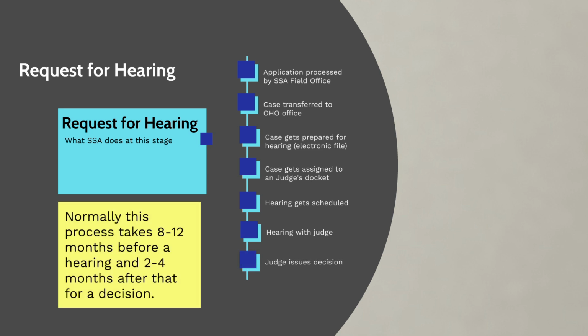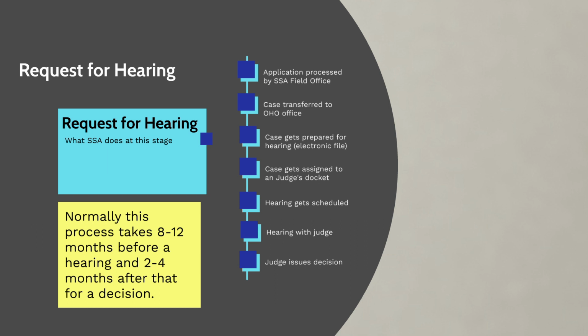Okay, so the timeline for this process is typically 8 to 12 months. And that is 8 to 12 months from when you request a hearing to when you walk in to talk to the judge. I say walk in, but the hearing in many cases might be by phone or by video. So yeah, that's 8 to 12 months. And then typically it's another 2 to 4 months after the hearing before you receive the decision. So it can be unfortunate.